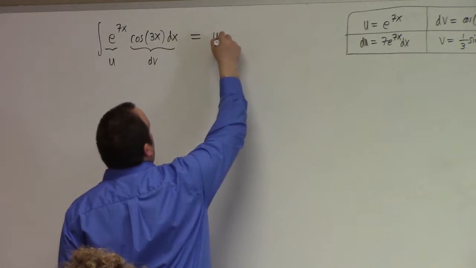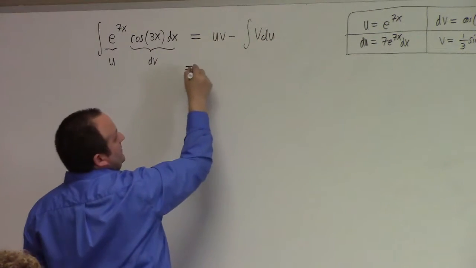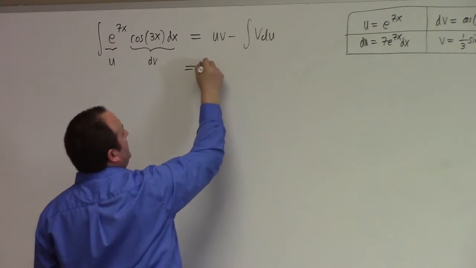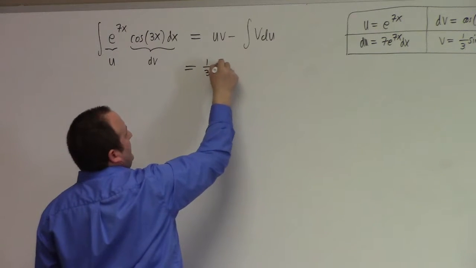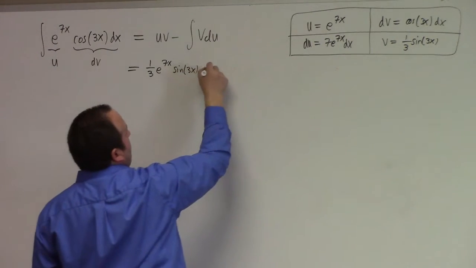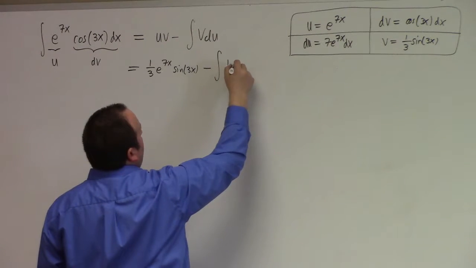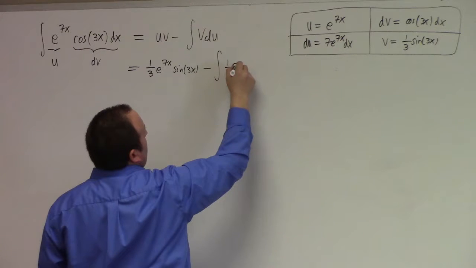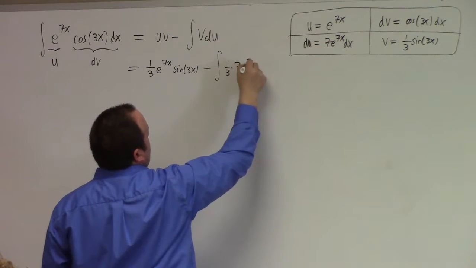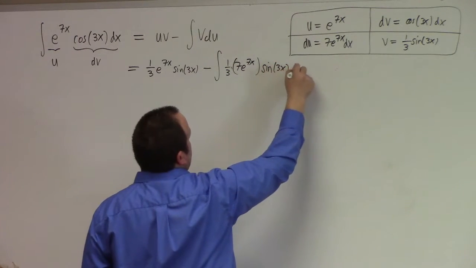So we have uv minus the integral of v du. This is the integration by parts formula. So in particular, that gives me 1/3 e to the 7x sine of 3x minus the integral of 1/3 times 7 e to the 7x times sine of 3x dx.